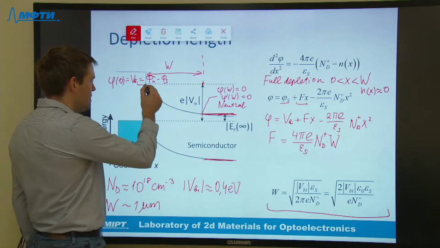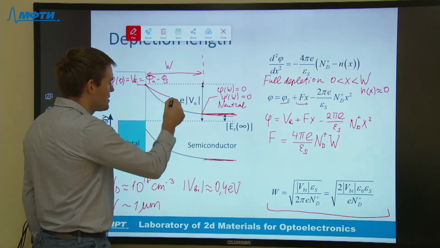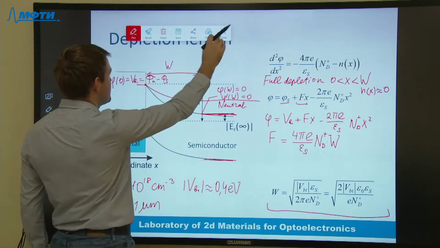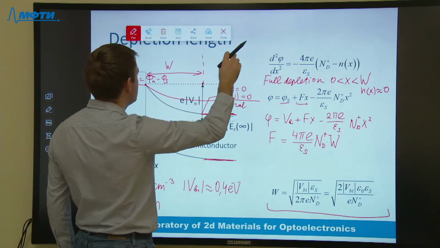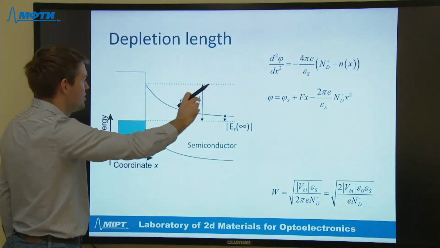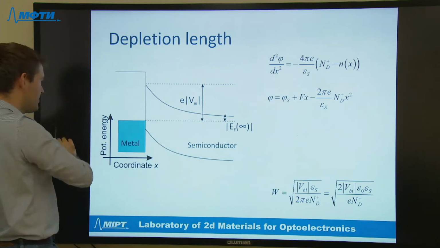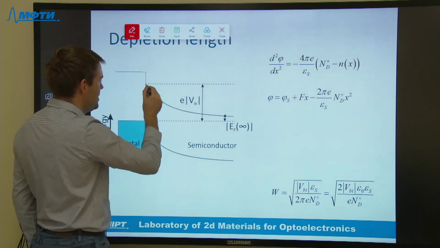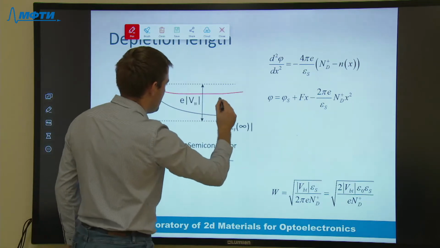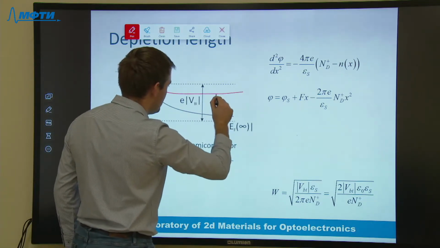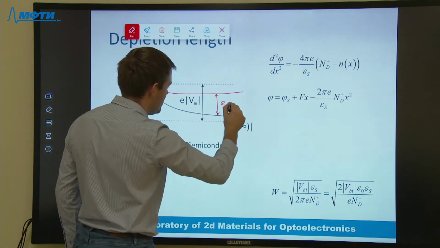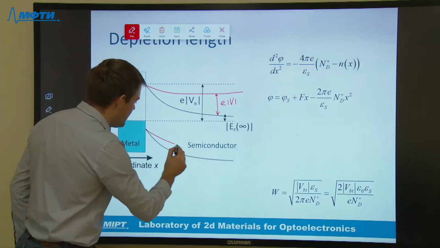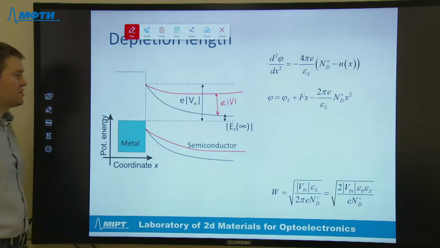But still, you can make a reasonable guess. For example, when you bias the junction by the amount of extra voltage eV, what would be the shape of electric potential?